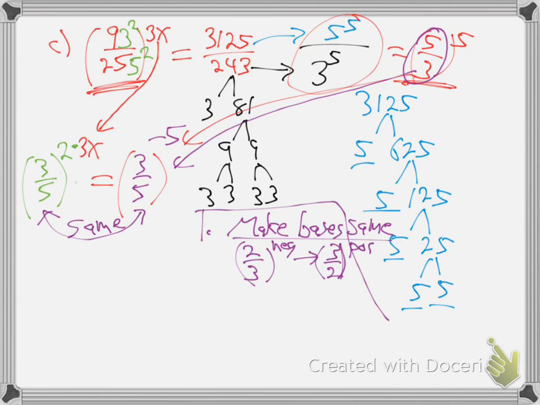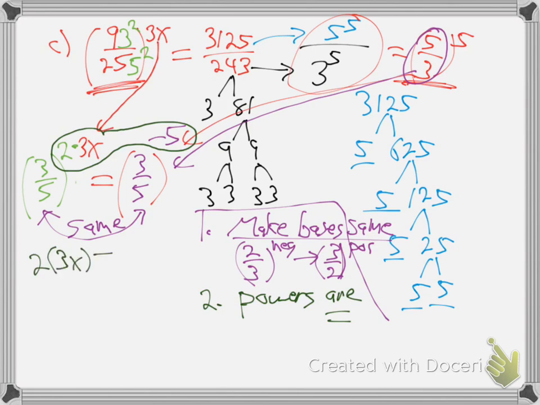Now the bases are the same. And once you make the bases the same, the powers are equal. So this power must equal that power. 2 times 3x must equal negative 5. Just forget about the bases at that point.